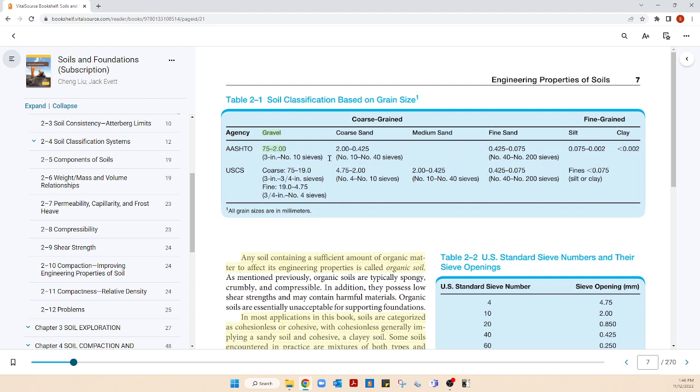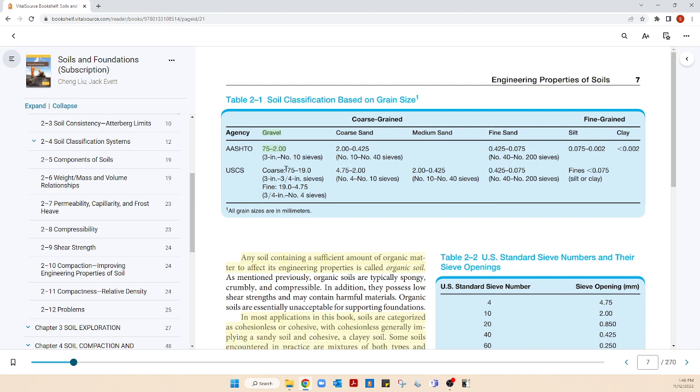Just listen: material passing the 75 millimeter, which is 3-inch, and is retained on a 2.00 millimeter, which is a number 10 sieve. That's gravel.